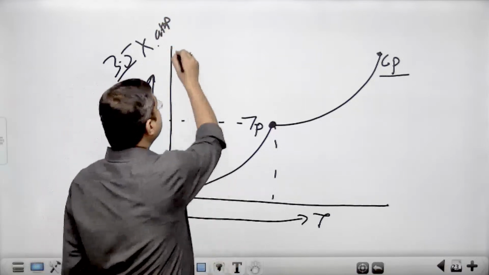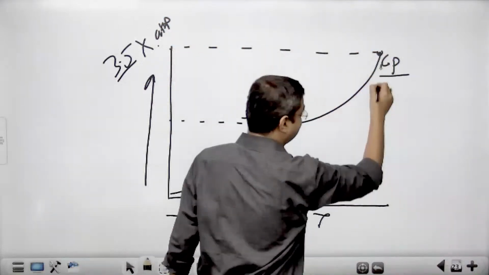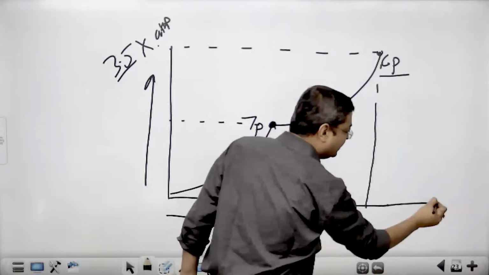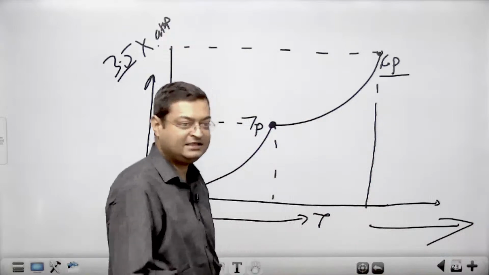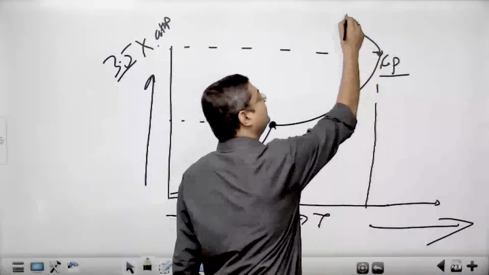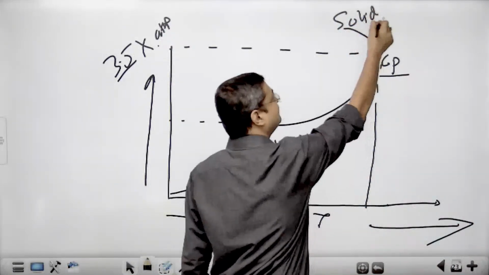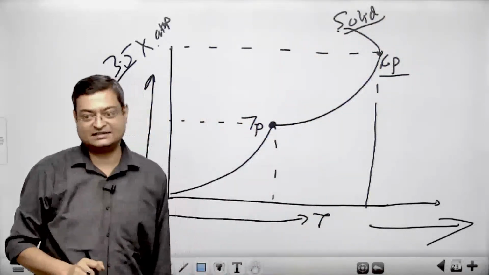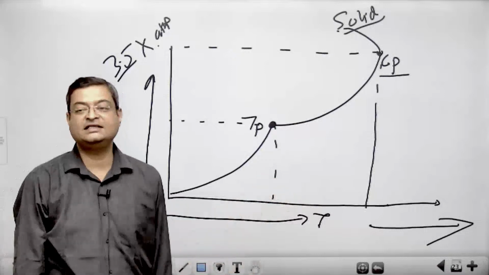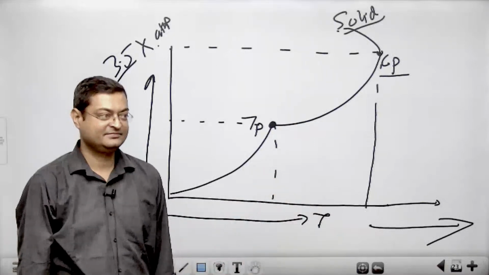After this critical pressure is achieved, you go on increasing the temperature, nothing is going to happen, the thing is going to remain solid. And because of this critical pressure which we had discussed earlier, your inner core is solid in nature.